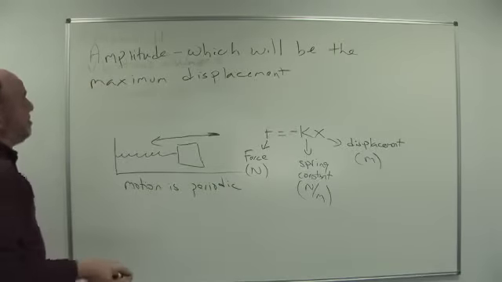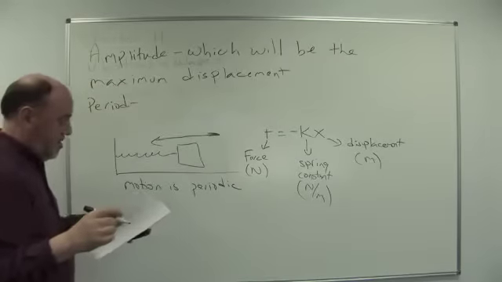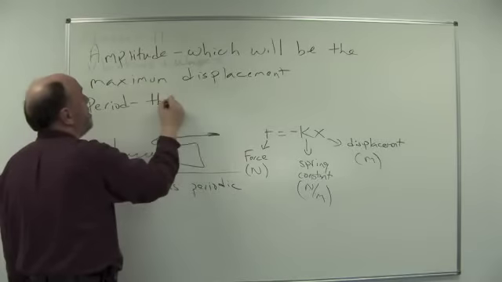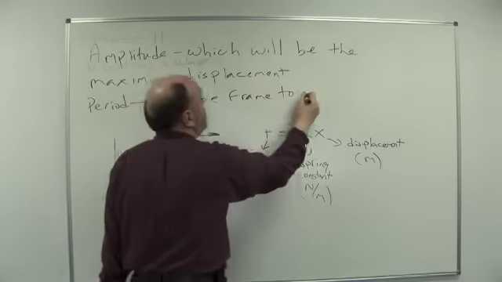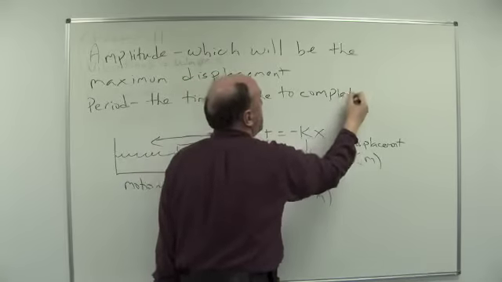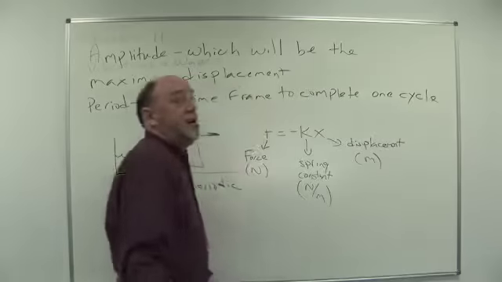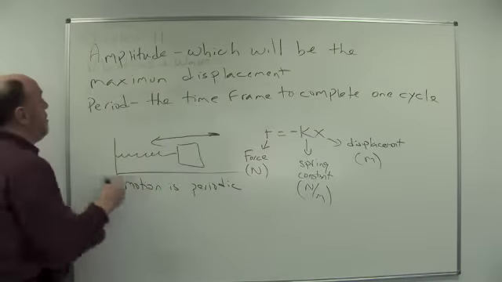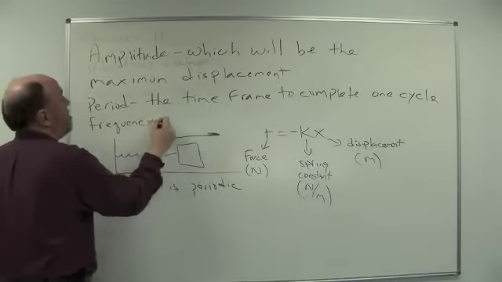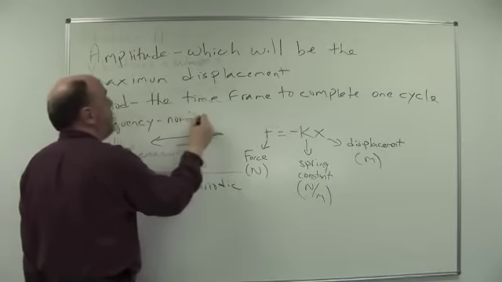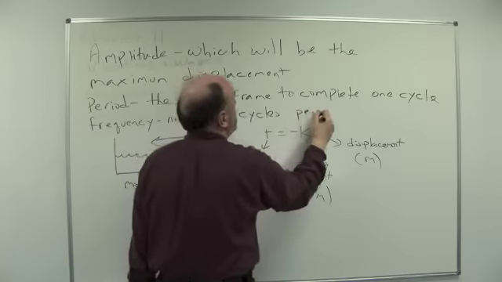And then we can look in terms of the period of all this, and the period is the time frame to complete one cycle. And then we look in terms of the frequency, which is the number of cycles per second.